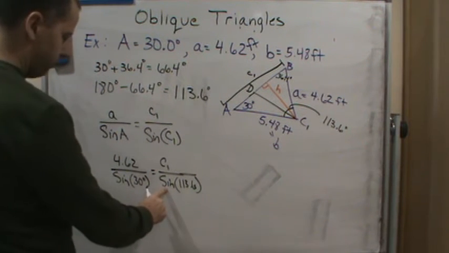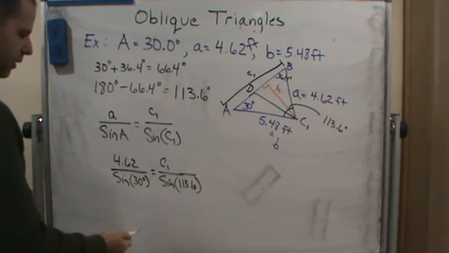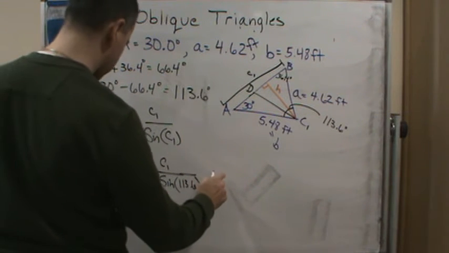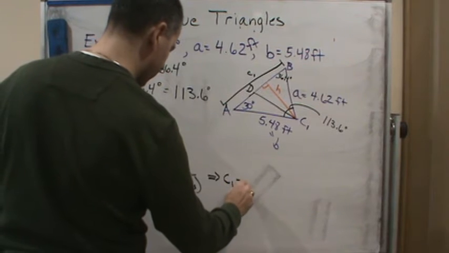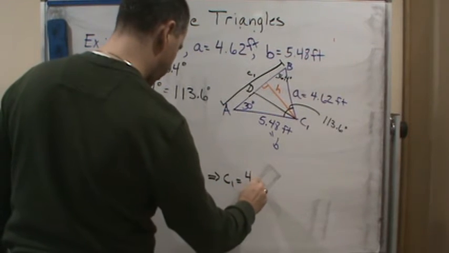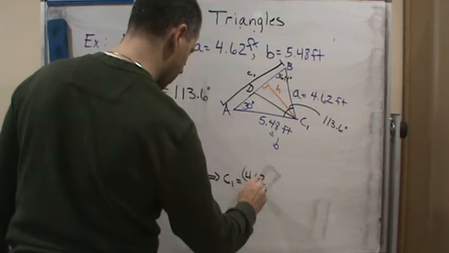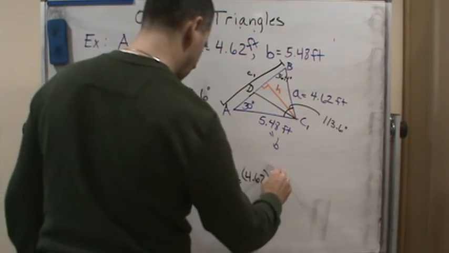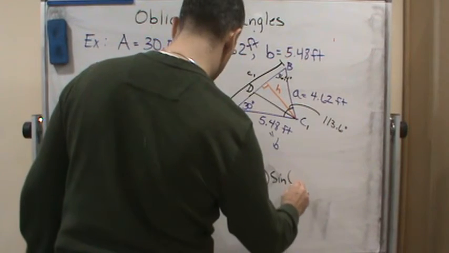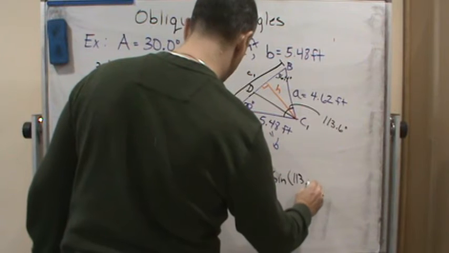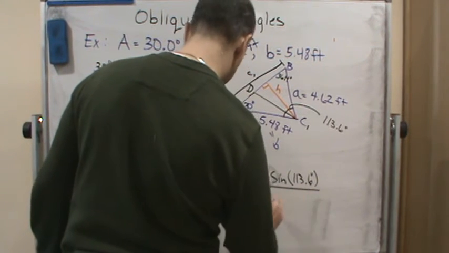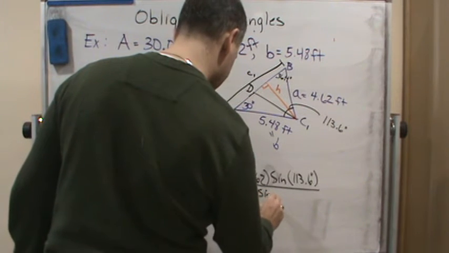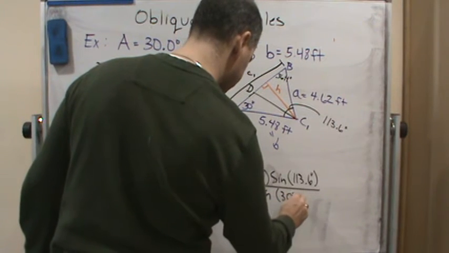And of course, if we multiply both sides by sine of 113.6, we get C1 is equal to 4.62 times sine of 113.6 degrees divided by sine of 30 degrees.